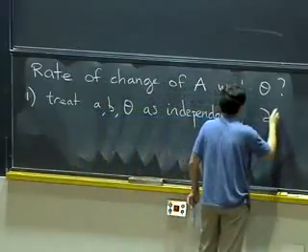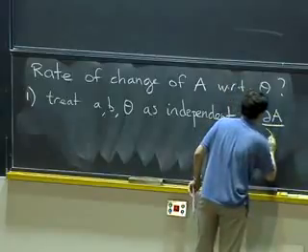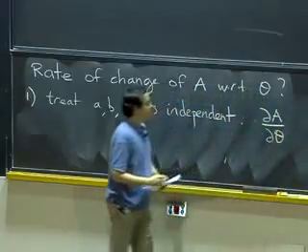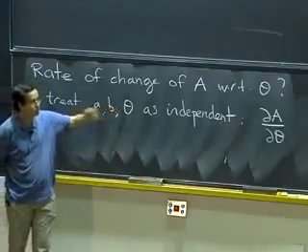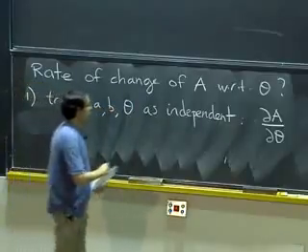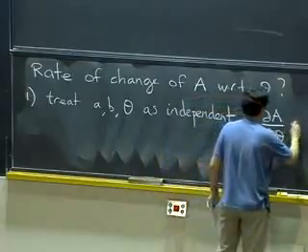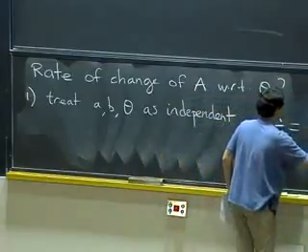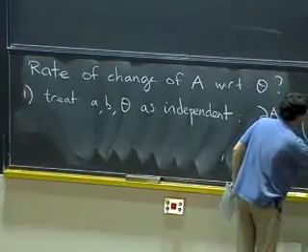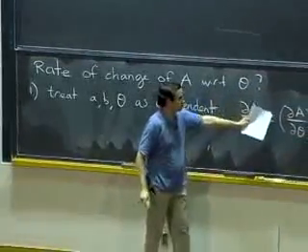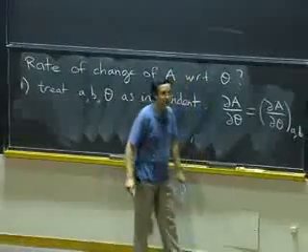That's exactly what we meant by partial A, partial theta. We are not putting any constraint. So just to use some new notation, that would be the rate of change of A with respect to theta, keeping A and B fixed at the same time.